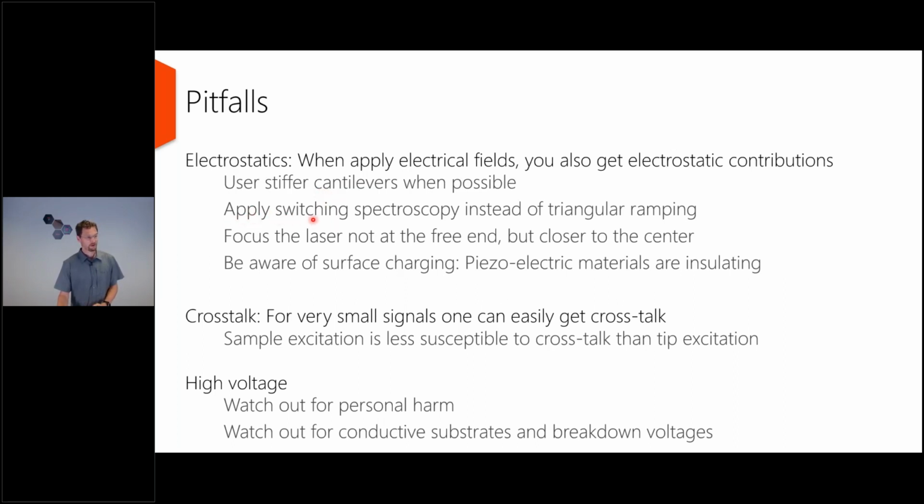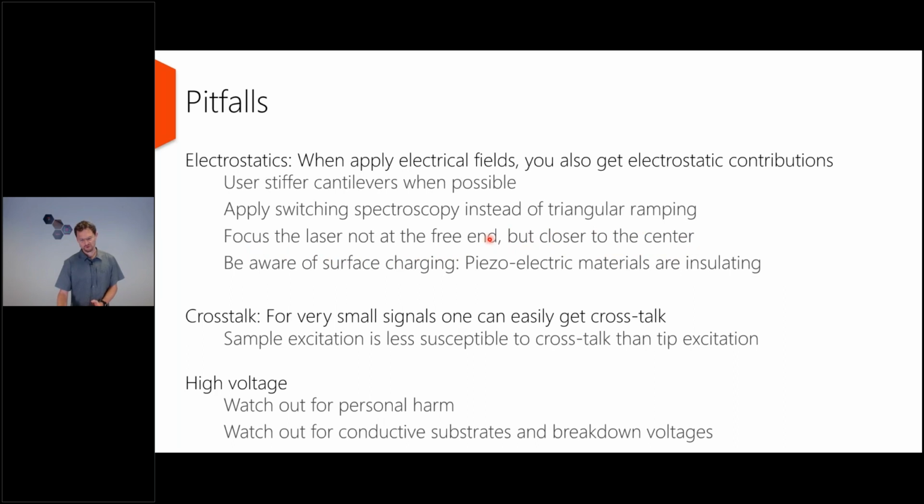So as mentioned, apply switching spectroscopy instead of just a triangular ramping that you would normally use in spectroscopy. And the very first image that I showed, the first example, was actually done by focusing the laser not at the free end, but at the center of the cantilever. The other images were all with the laser more towards the end. But in this case, we applied the AC voltage to the tip and then focused the laser more in the center of the cantilever.